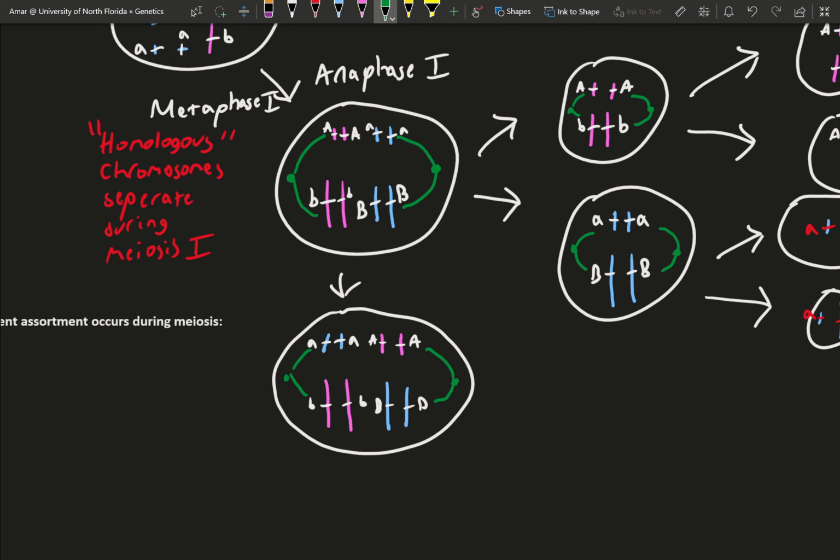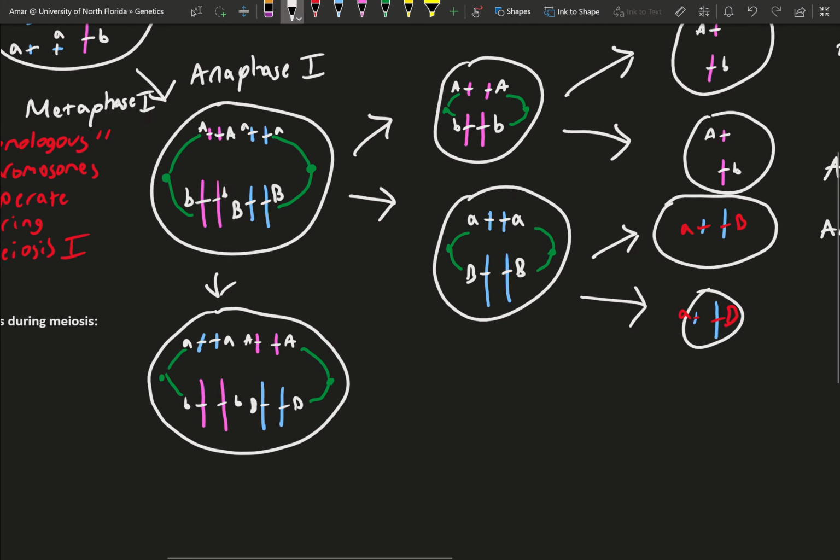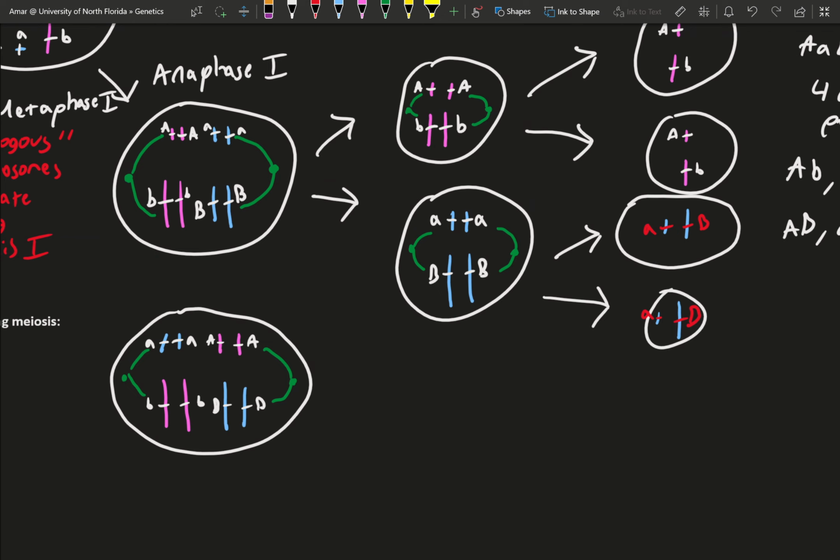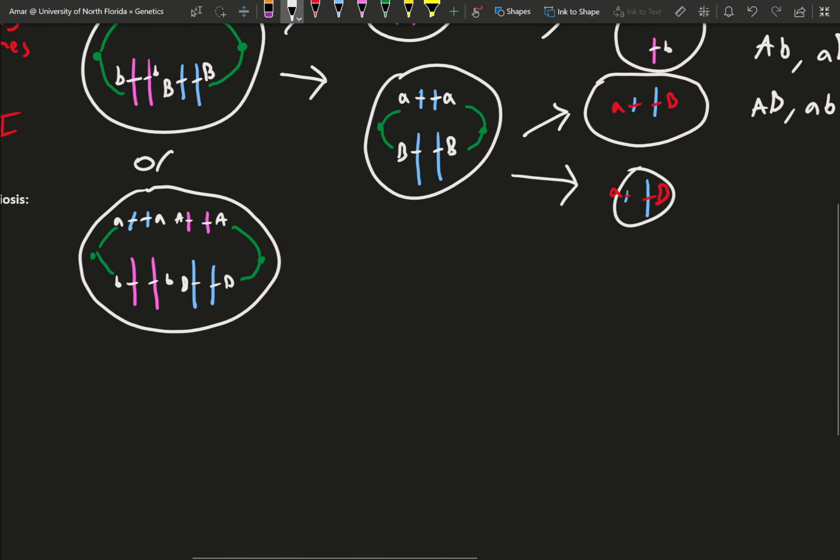So basically you get a combination like this, where a different set of homologous chromosomes line up differently on the metaphase plate. And then from this, you can separate these out into 2 different cells.